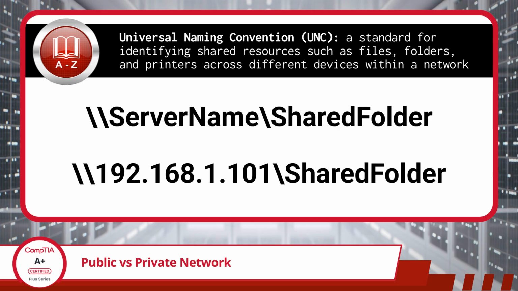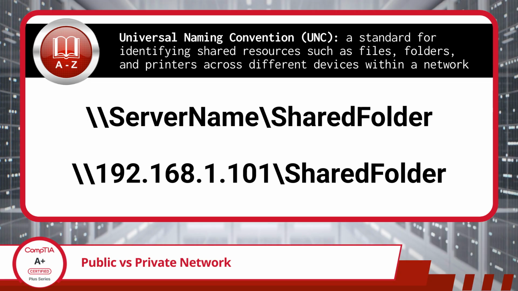UNC is a standard for identifying shared resources such as files, folders, and printers across different devices within a network. The format of a UNC path is \\servername\sharedfolder, where server name is the name of the computer or server where the resource is located, and shared folder is the name of the shared resource. Alternatively, the server name in a UNC path can also be an IP address.